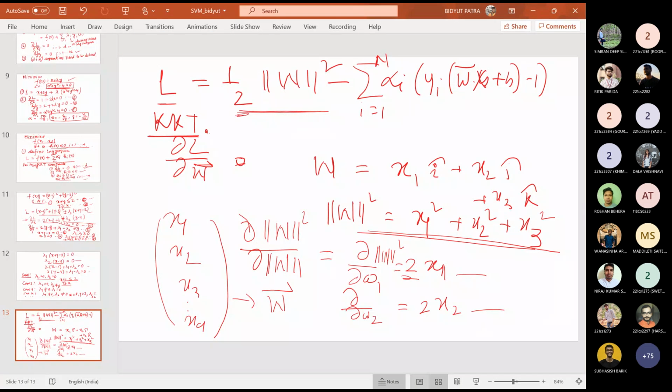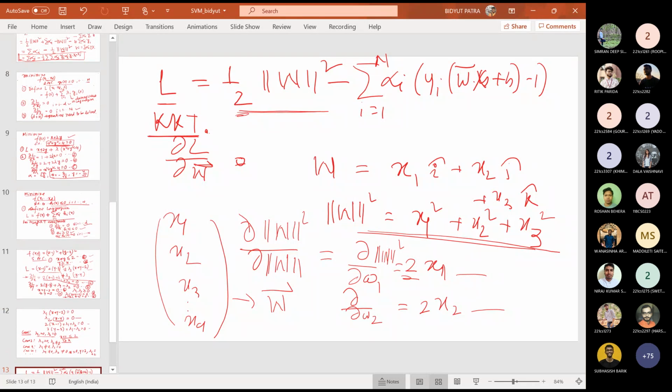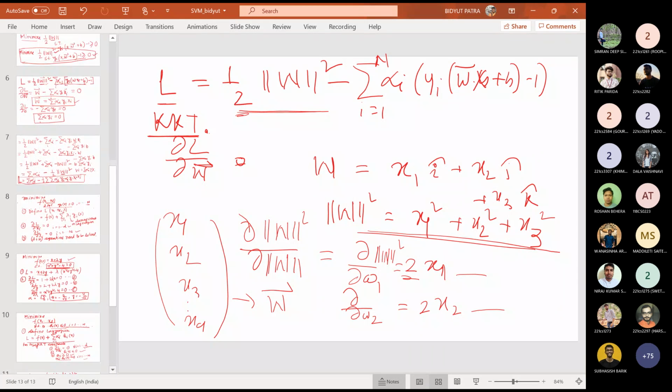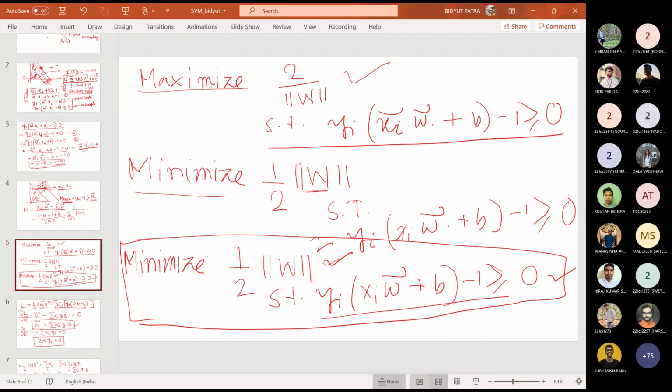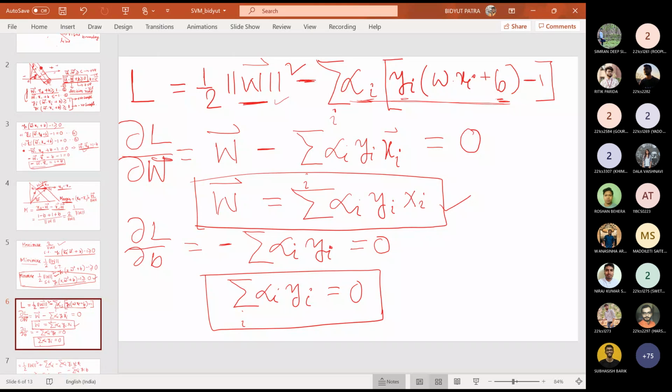If you go back here, next is this one. We'll get this w, and here the sum of alpha i yi xi will be 0, therefore we get this value.